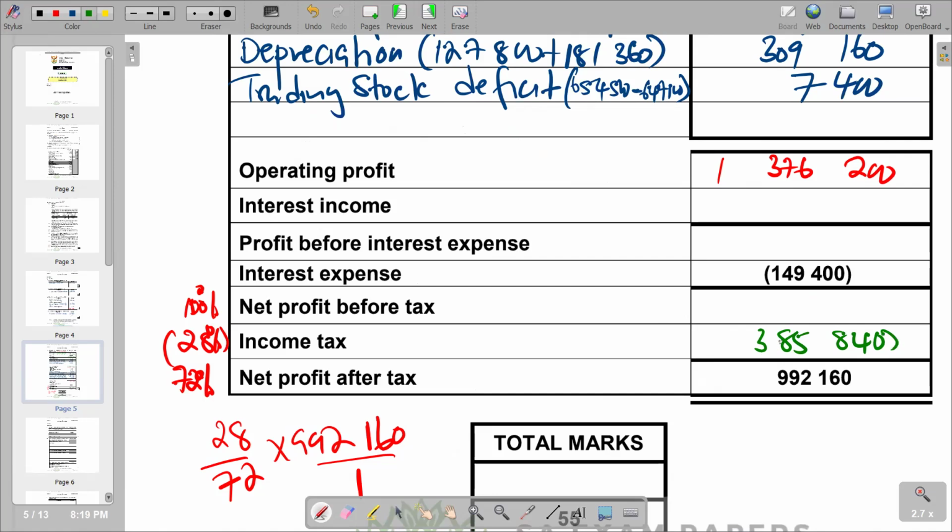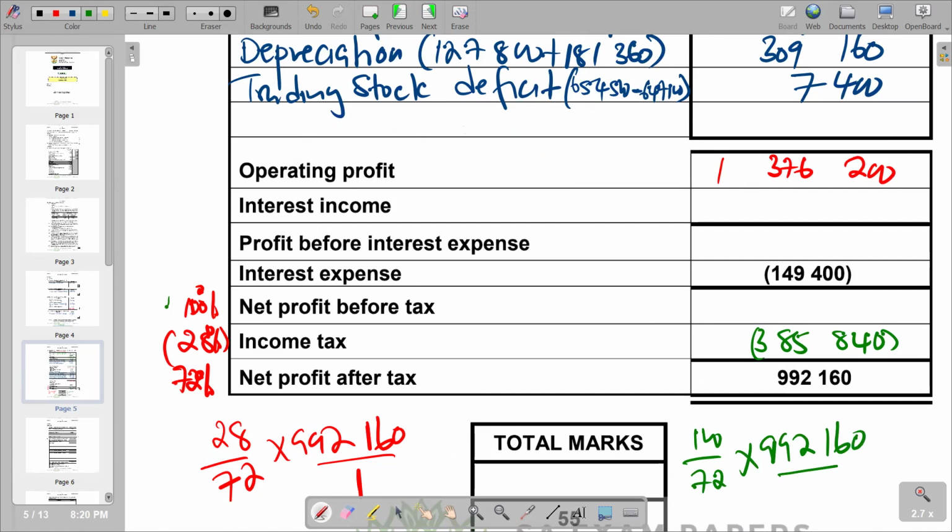Obviously, income tax, we subtract it. And then net profit before tax, we can now add the two. That is, we are saying 992,160 plus 385,840. Or alternatively, we can use these percentages whereby we are looking for 100%, which is here. We are saying 100 over 72 times 992,160.